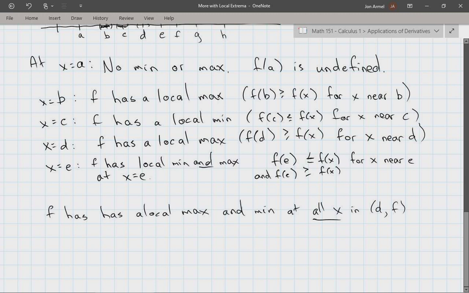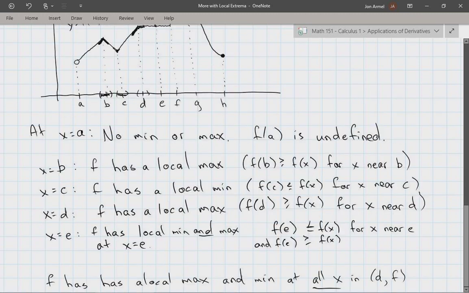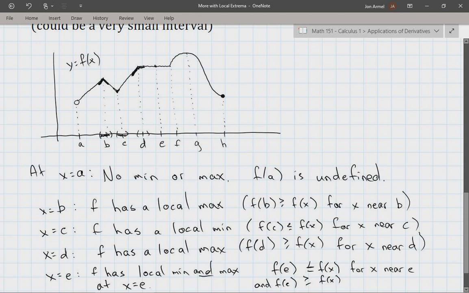It's true, not including d and f. At d and f, we don't have both max and min. But if we look at this, every point in this interval here has that property where the function's horizontal. So if the function's horizontal for some stretch of its domain, then you're going to have a local max and min there.